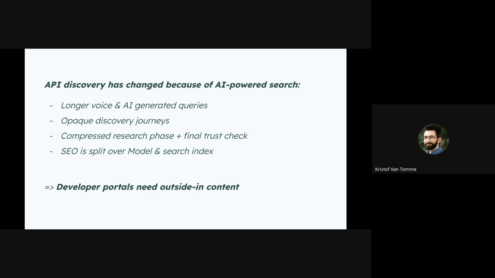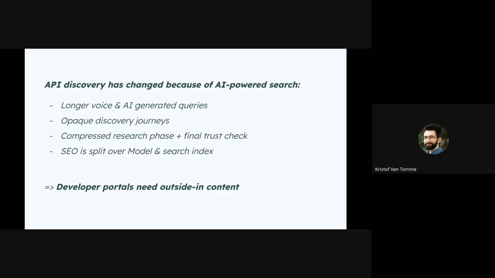Search engine optimization is now split over a part which is in the search index, and that is probably driven through some sort of vector index technology, and some parts that are in the AI models that are being trained.